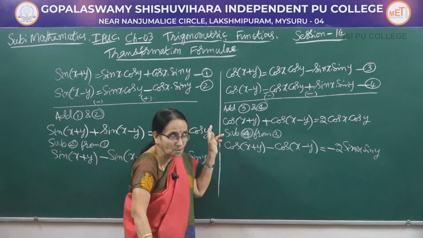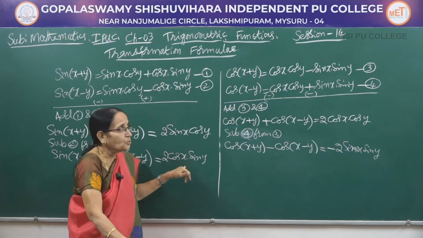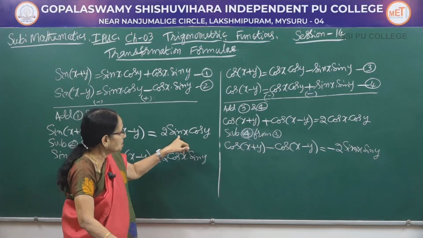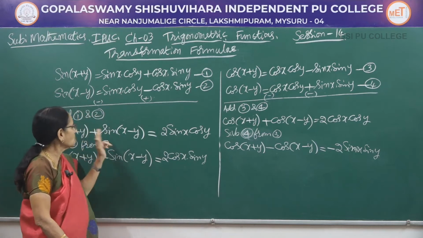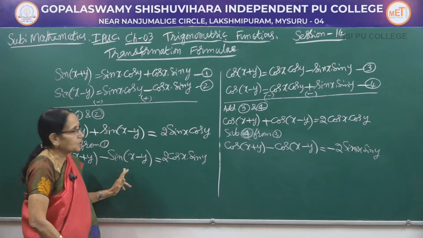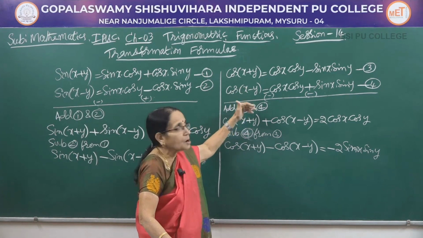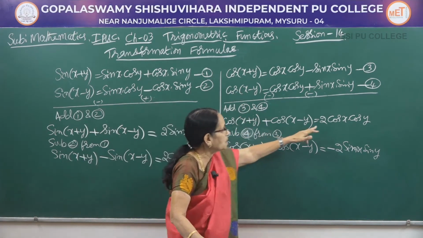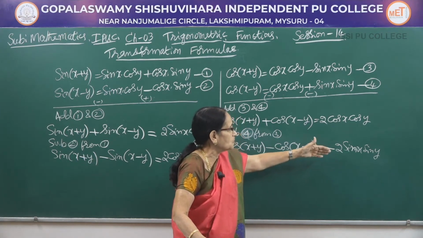So in the first case I considered sin of x plus y, sin of x minus y. I got two formulae here, in which we have two products which have been written as the sum of the two functions and the difference of the two functions. Whereas here, after considering the compound angle formula of cos function, by adding them I got one formula, by subtracting I got another transformation formula.